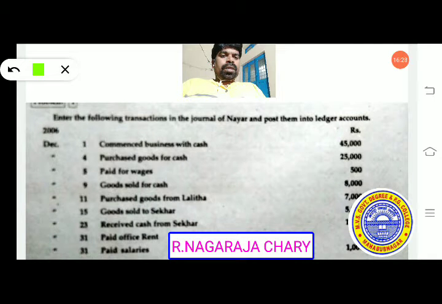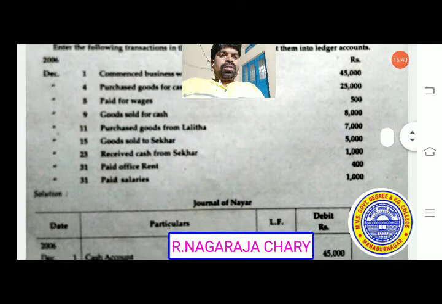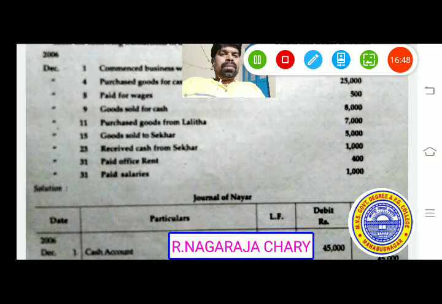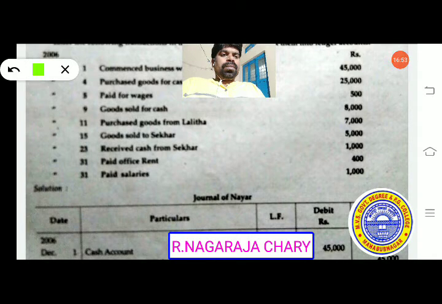So commenced business with cash 45,000 rupees, purchased goods for cash 25,000 rupees, paid for wages 500 rupees, goods sold for cash 8,000 rupees, purchased goods from Lalita 7,000, goods sold to Shekhar 5,000, received cash from Shekhar 1,000, paid office rent 400, paid salaries 1,000.